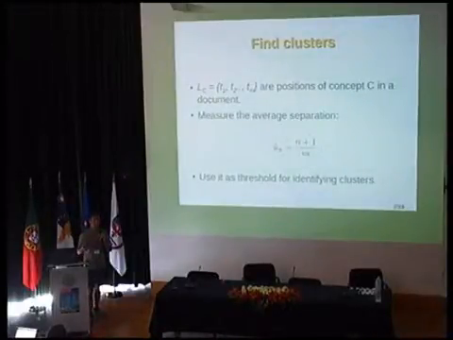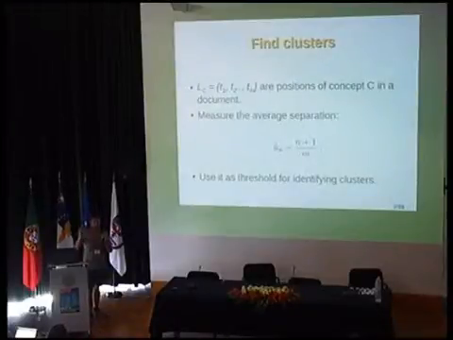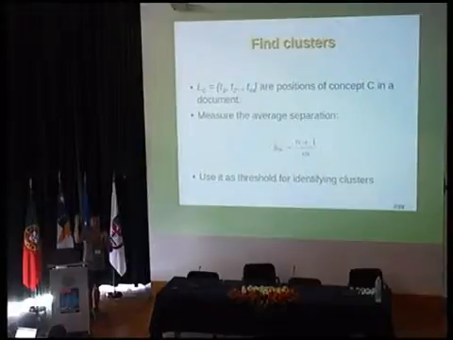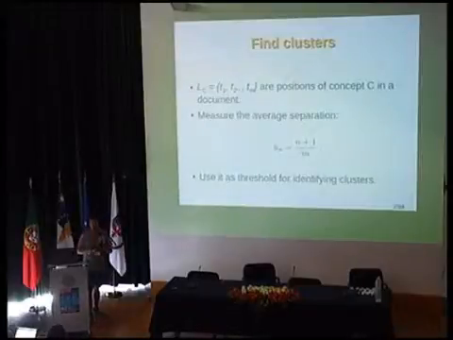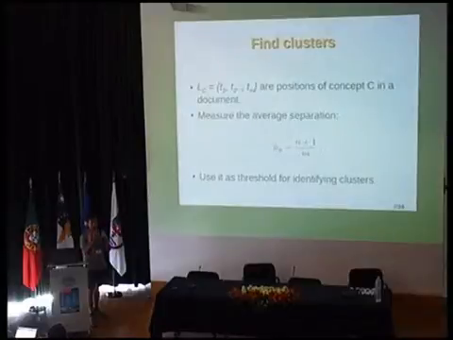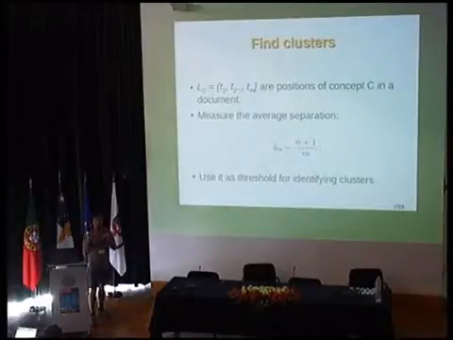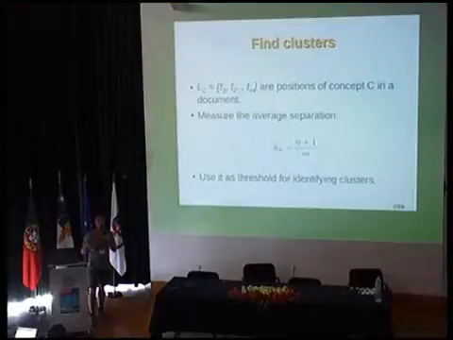The average separation is just what it would be if the concept occurred randomly, how would it occur throughout the text? So it would occur uniformly. The idea is that if the successive distances between occurrences are less than this average separation, it means that they are closer than what would be expected if they were random.